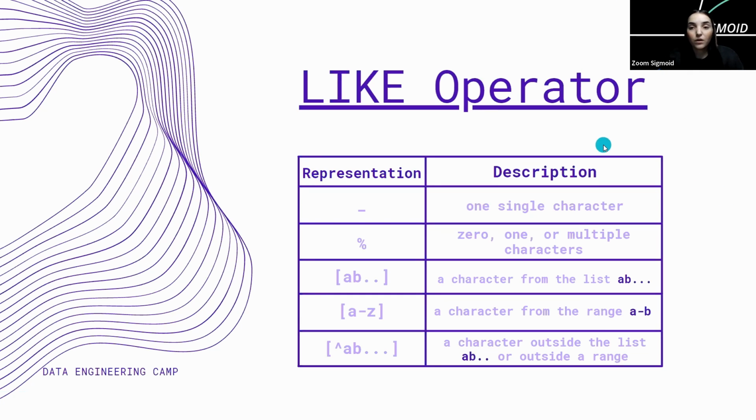Moving next to the LIKE operator. The LIKE operator is an interesting operator. Here we have the LIKE operator, and we mention the pattern which we would use. In case you would like to match one character, you use the underscore. So if you want to show all the names of length 5, you can mention 5 underscores, for example.